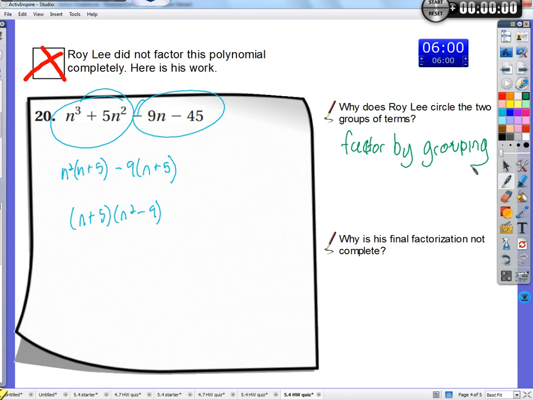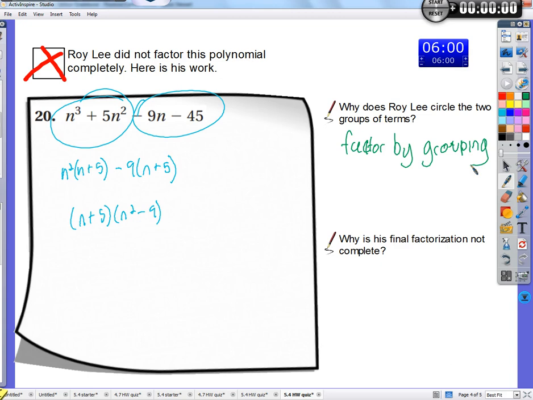Really, any polynomial that you can group into equal groups. If you had 6 terms, you could do 2 groups of 3 or 3 groups of 2. If you had 9 terms, you could do 3 groups of 3. But the simplest case would be 2 groups of 2. So we group the first 2 together, and the second 2, and we look for what they have in common.